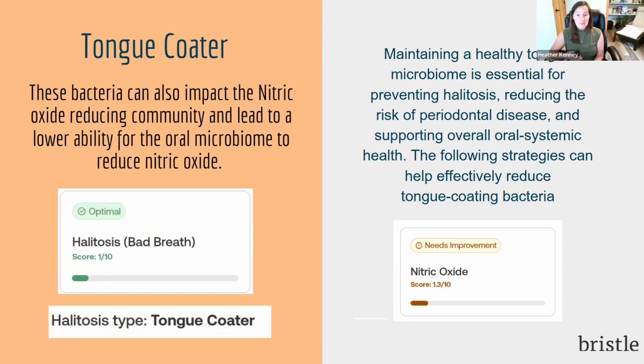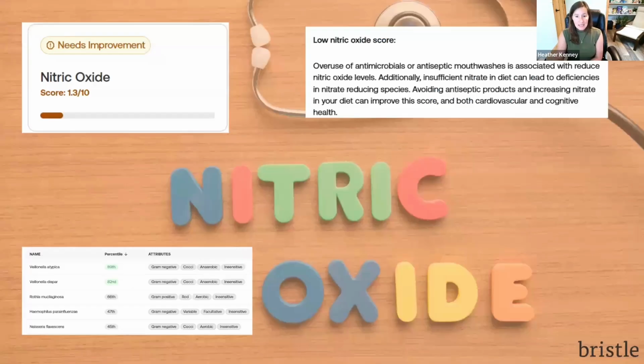So that's where some of those beneficial nitric oxide bacteria will be. You'll just have the anaerobes present and not a lot of the others. So if we add oxygen in and make sure we're tongue scraping, we can help improve that as well. So that nitric oxide is really important. Like I said before, you can kind of look at how they're growing. So this was low, precisely what I was talking about in his score.